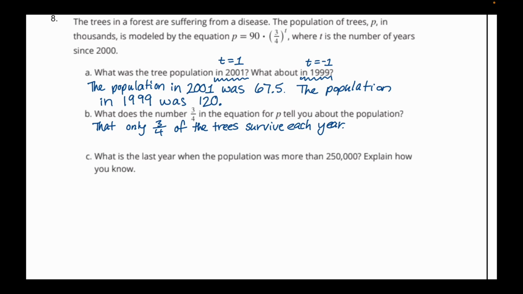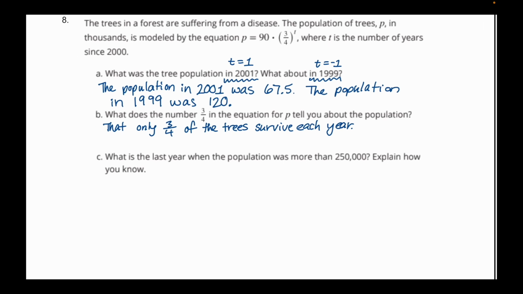Okay, now we want to know what is the last year when the population was more than 250,000. So remember, our equation gives us our answer in thousands. So we want to know the population over time.